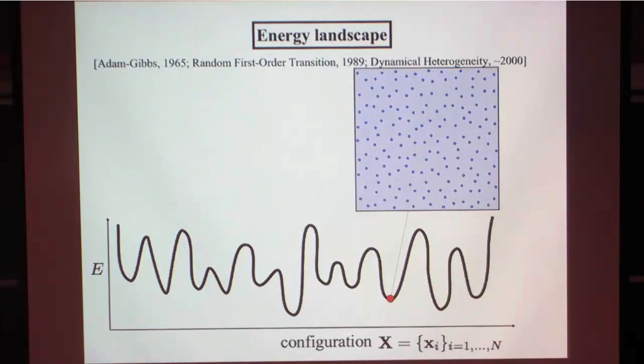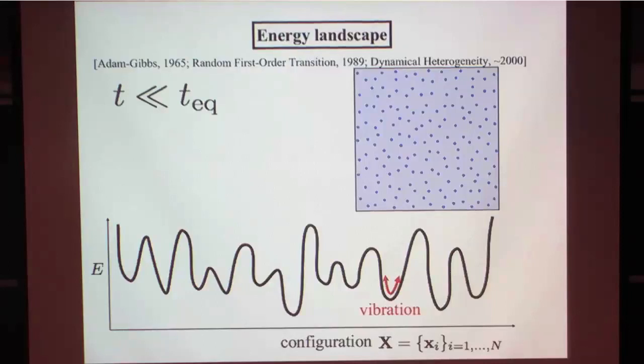So here's the basic picture. You draw the energy landscape as a function of configuration. Each point on this x-axis corresponds to a particular molecular state. A bunch of dots are the positions of molecules, and they have an amorphous configuration.